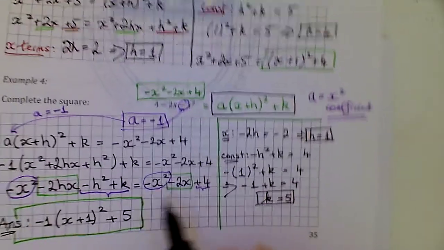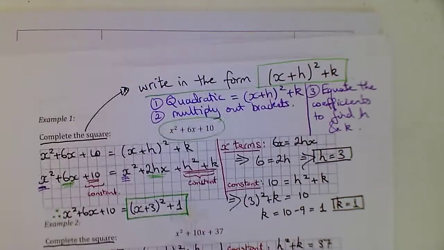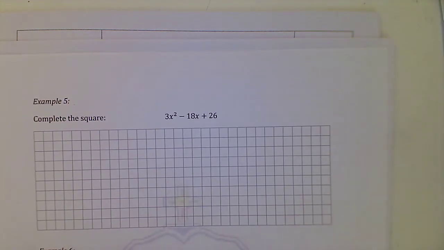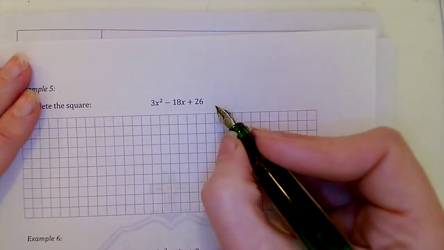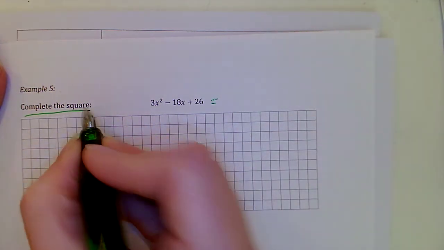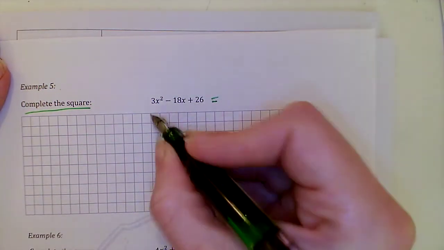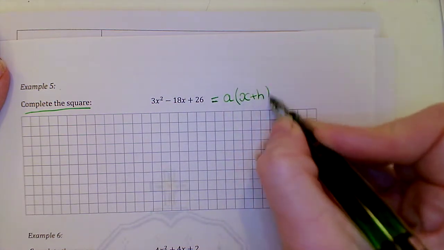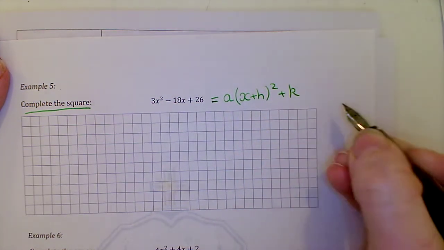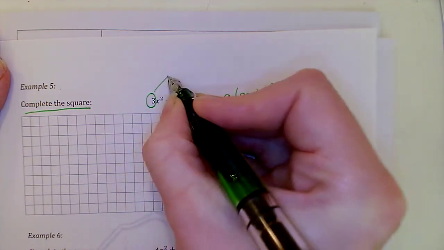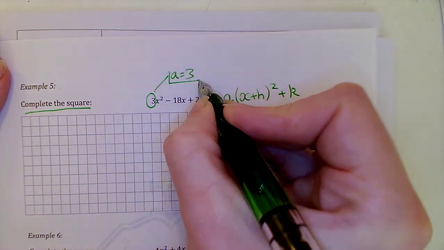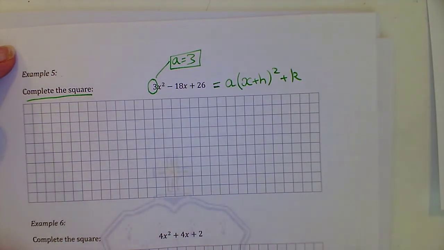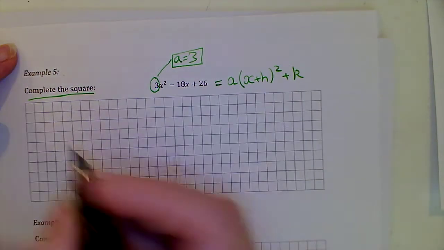Let's try another one of these, because once we see this done twice, it should be easier to do it for yourselves. So here, I'm asked to complete the square, I'm going to write this in the form, because there's something in front of the x squared, a bracket x plus h all squared plus k, but a is equal to 3. So straight away we know the coefficient of x squared is the thing that's outside the brackets here.